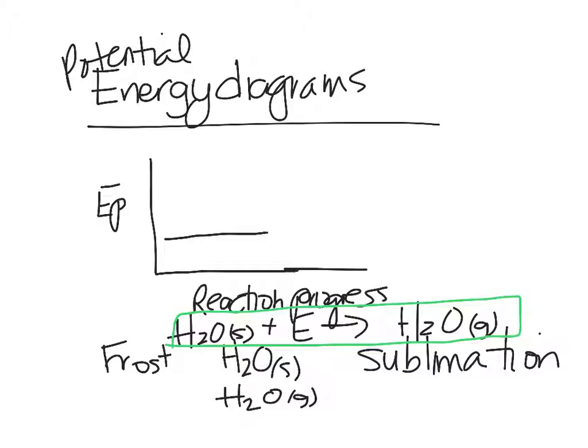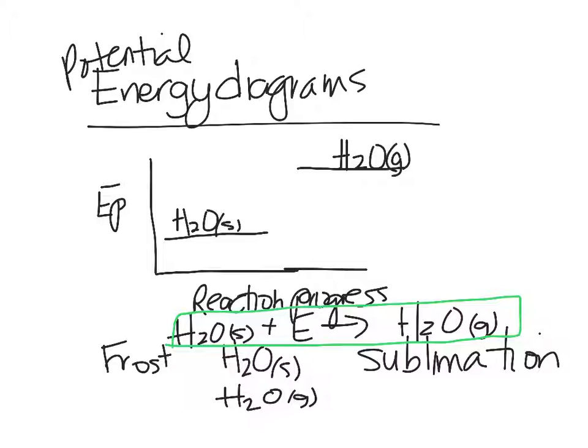You can put that into a potential energy diagram. If this is our reactant, if this is H2O solid, we're putting energy in so our product contains more potential energy. Your textbook has two lines that are parallel.